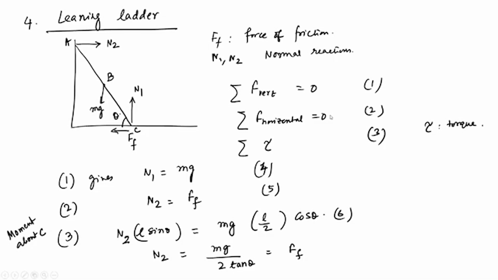If we keep it so, then it won't slip. There are 3 equations, 2 coming from the forces and 1 coming from the torque, and balancing them tells us this should be the condition for no slipping. So in this particular problem we wanted the condition for no slipping for the case of a leaning ladder against a wall. Okay.